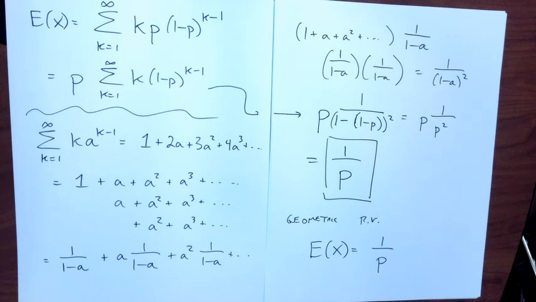But suppose p is really small, like 0.01, very unlikely to succeed, then the expected value is 1 over that, which is 100. So it is likely that it will take me many, many tries to succeed. So there's an inverse relationship between the probability of succeeding and the expected number of tries I have to have.